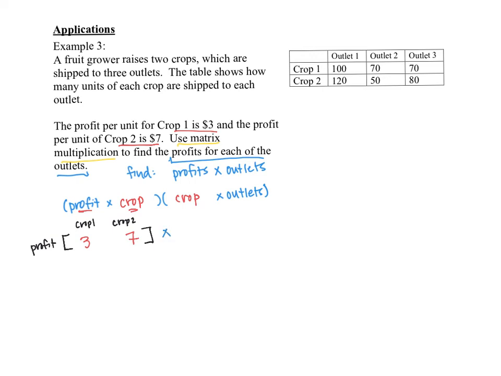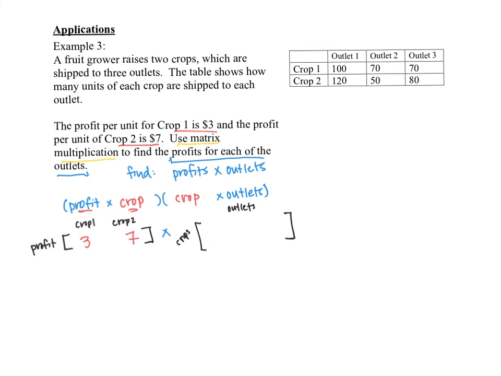I want this to be crops by outlets. So I need to make sure that my rows are the crops and that my columns are the outlets. Okay, now I'm going to look at the table. Actually, right now the table does have crops for rows and outlets for columns, so I'm going to keep the table exactly as it looks.